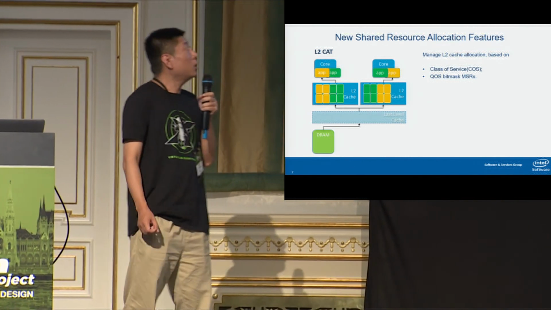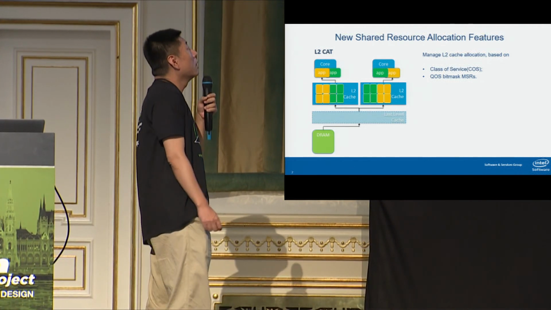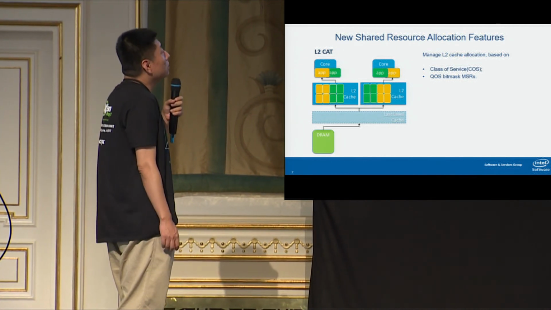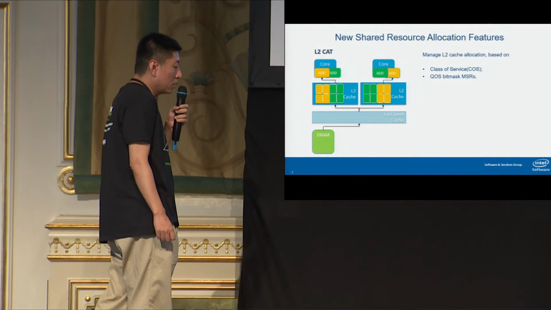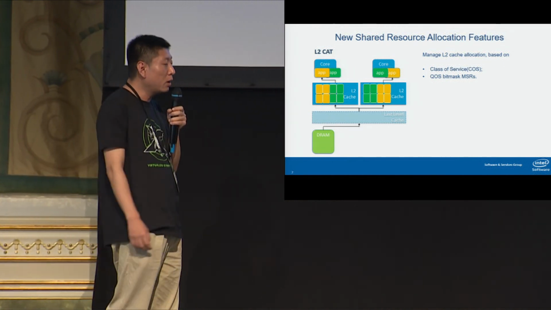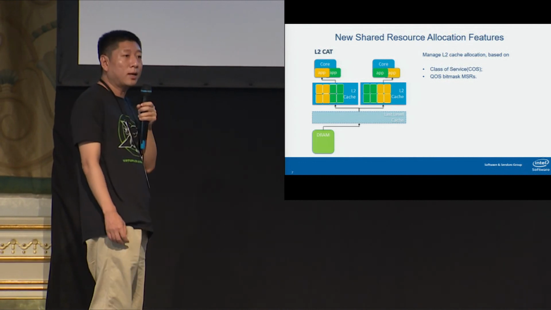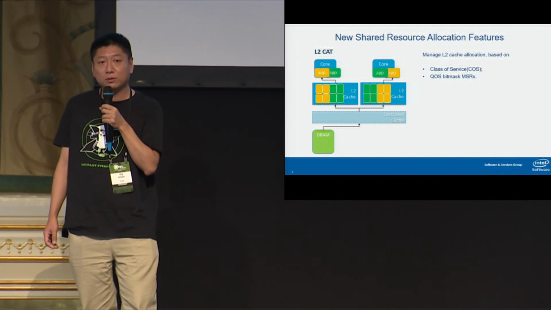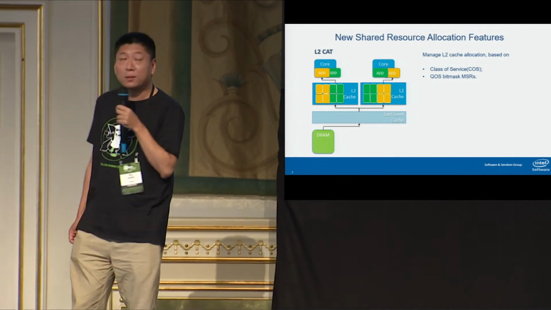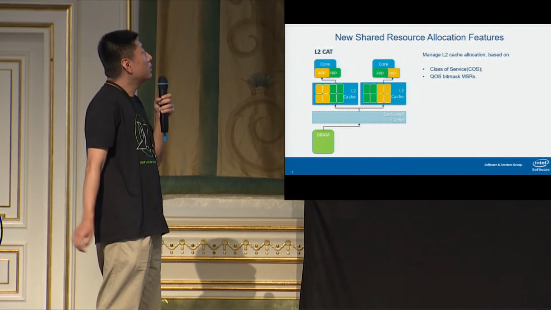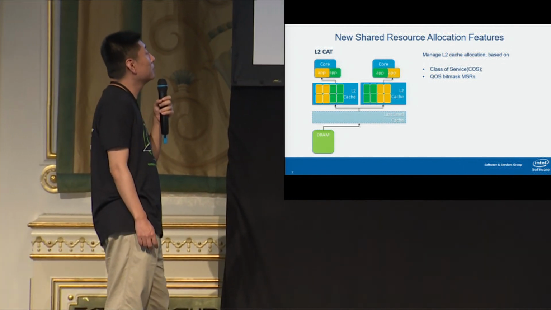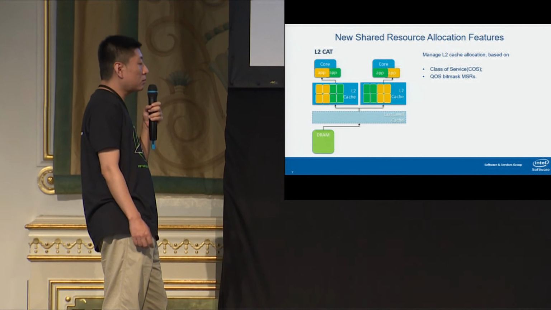L2 CAT manages the L2 cache allocation based on the class of service. As you know, the processor exposes a group of CLOS IDs, which are the identification of a class of service. Each CLOS ID maps to a QoS bit mask, also called the capacity bit mask MSR.